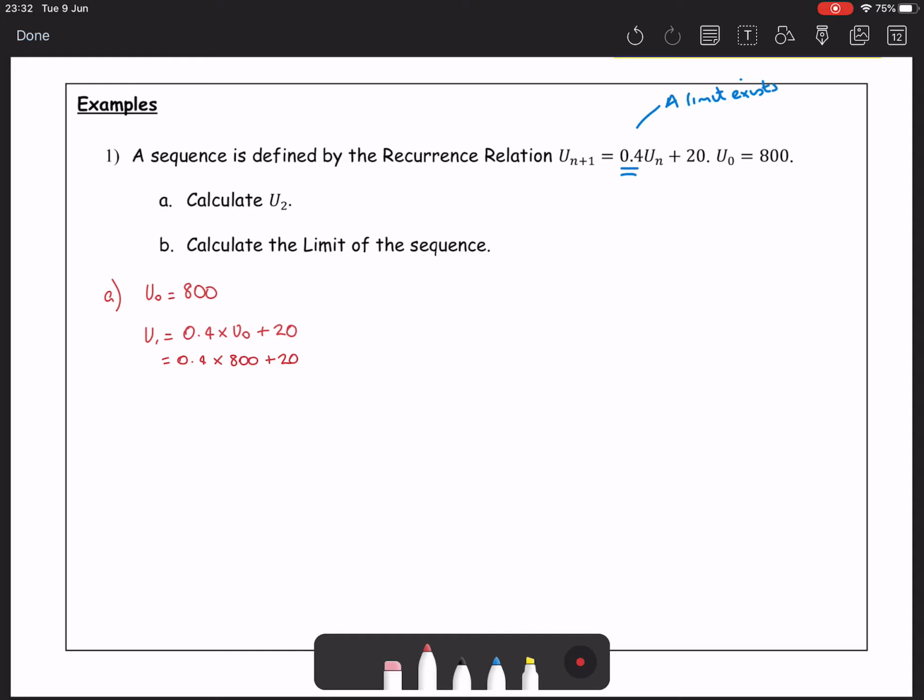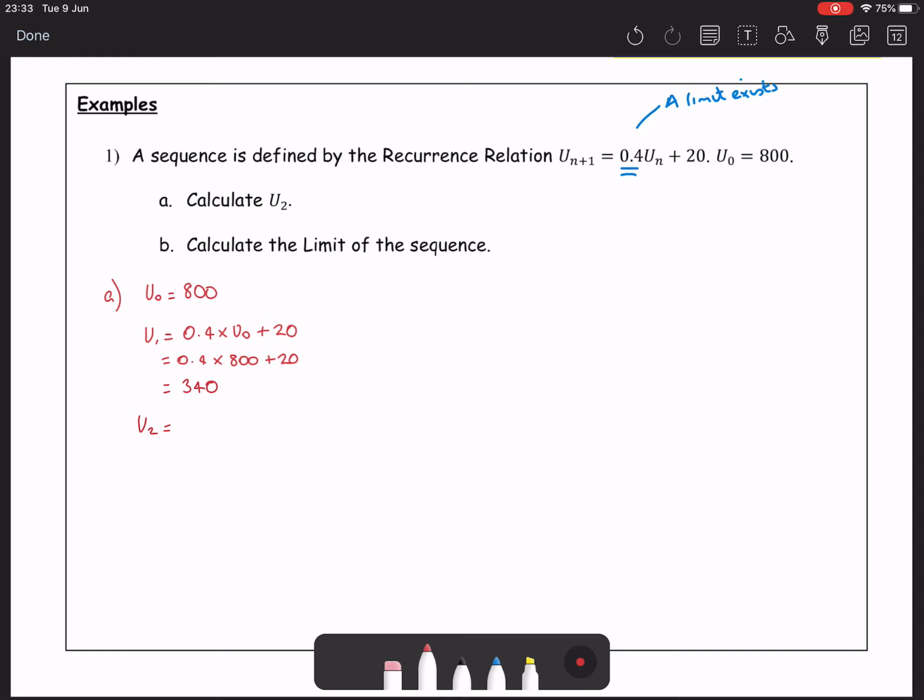Setting up on the calculator, 800 is my starting value, answer times 0.4 plus 20. I can see in my calculator that I have 340. So quite a jump down.